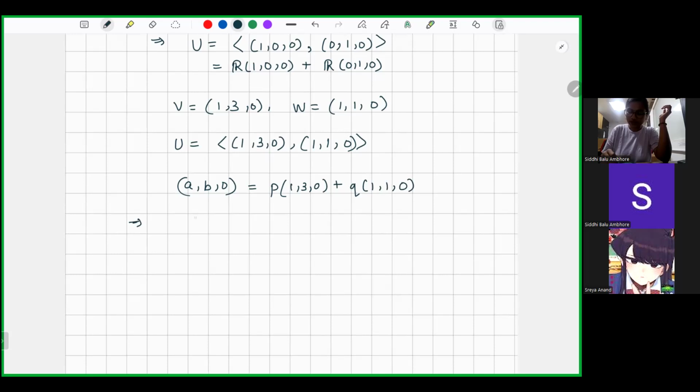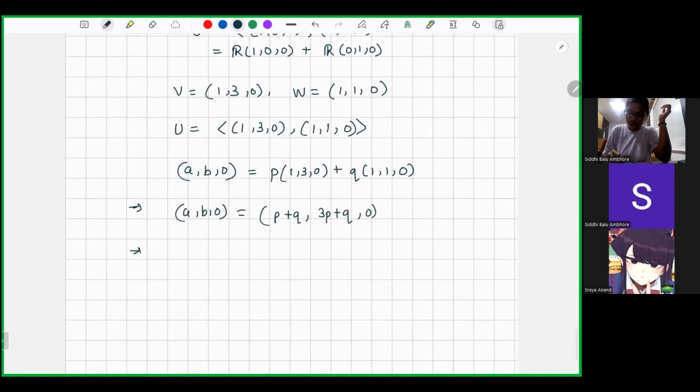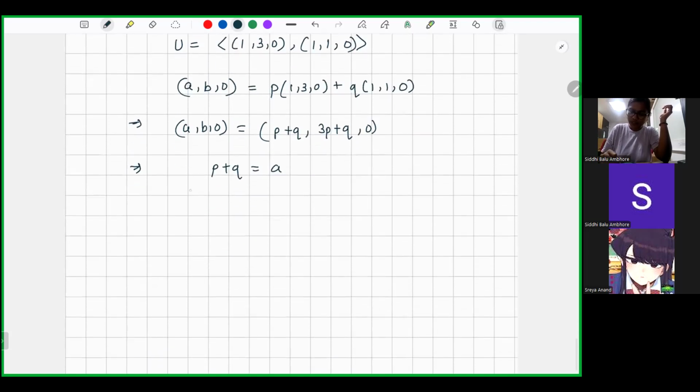then I need (a, b, 0) to be equal to p plus q, 3p plus q, 0. So this implies that p plus q is a and 3p plus q is b. If I try to solve this simultaneously, I get 2p is equal to b minus a.